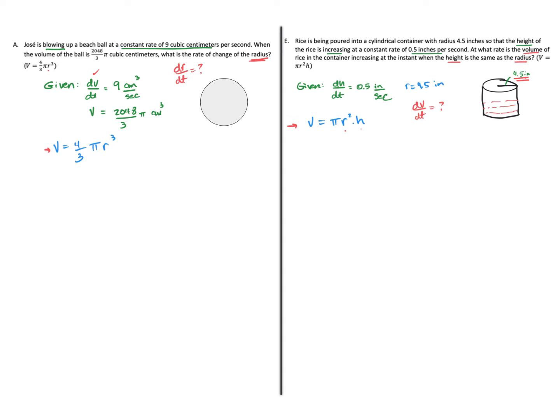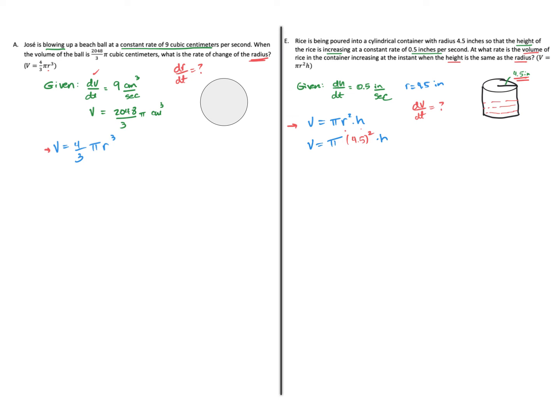However, the radius cannot change. So I'm going to replace my radius with 4.5 squared, because I don't need a rate of change for the radius, since the radius is never changing. I only differentiate things I need the rate of change for.